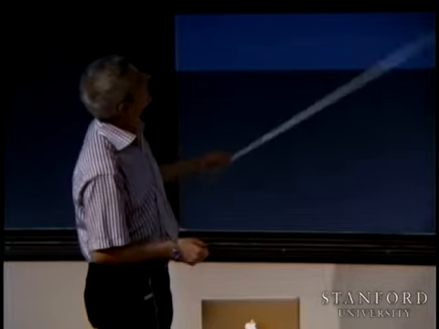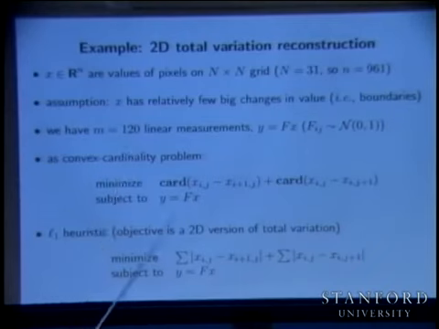Yeah, you get 961 points, you get 120 measurements, the null space is on the order of the difference. So a huge number of x's are consistent with our measurements. An 840 dimensional set of images are consistent.